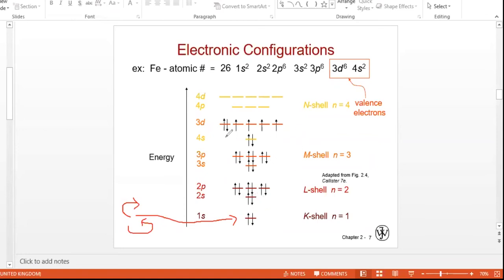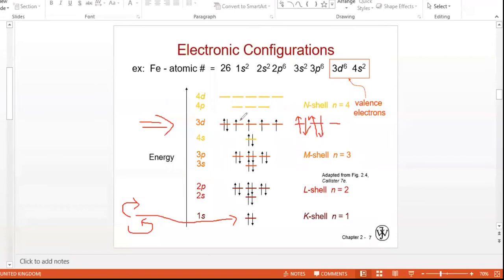And also while filling, if you see this d orbital, only one arrow is in the opposite direction, but all these 4 are in the same direction. Why can't we denote it like this: one this way, one this way, one this way, one this way?